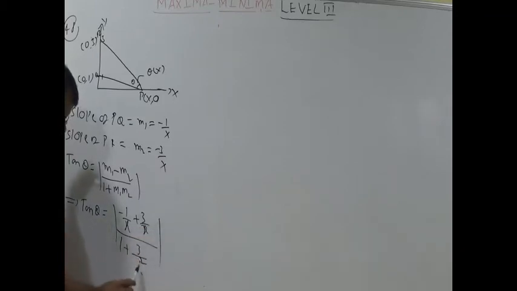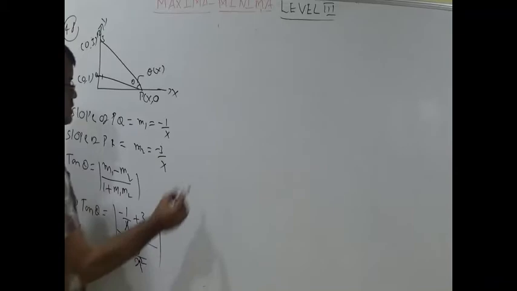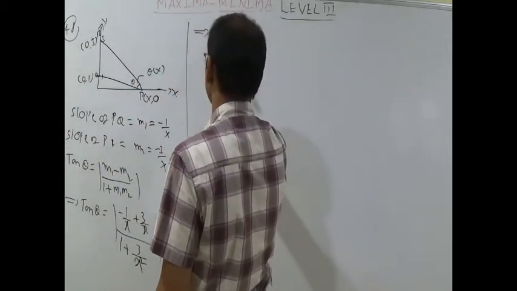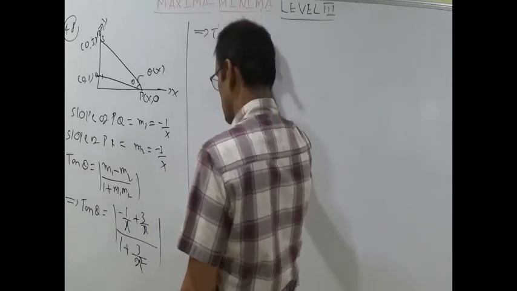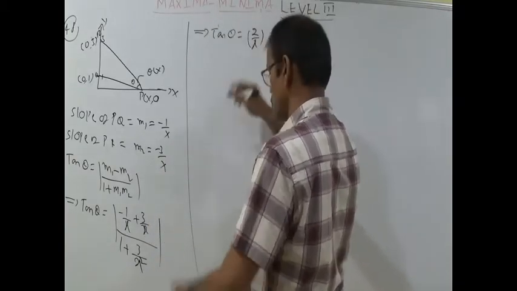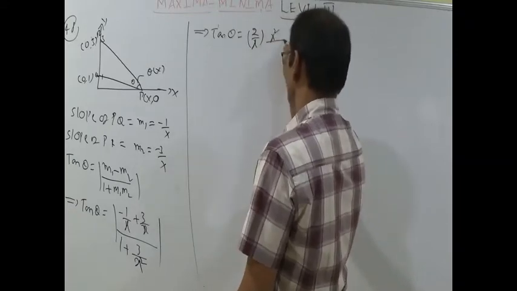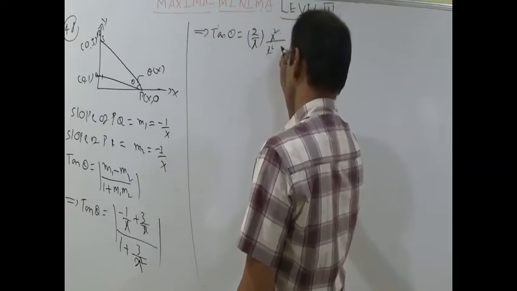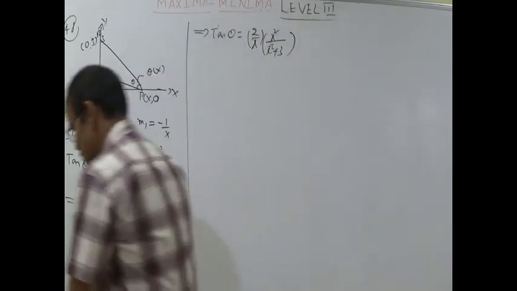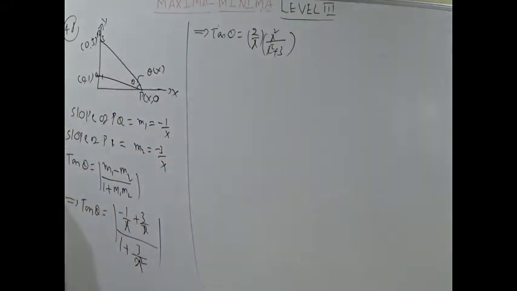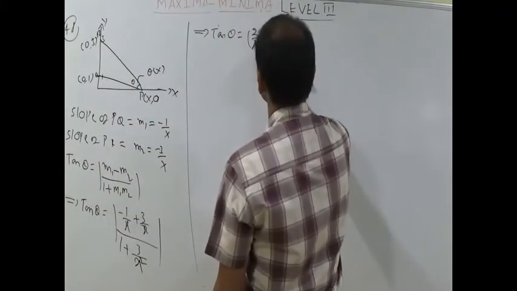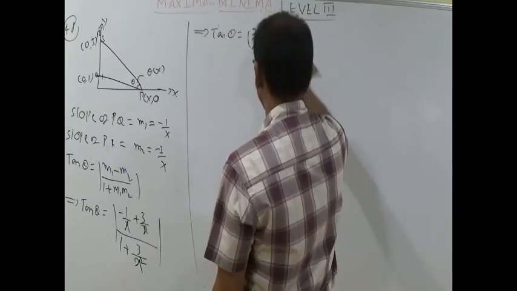That implies tan theta is equal to 3 minus 1, here 2 by x, into taking x square in the numerator, x square by x square plus 3. This is 2 by x into x square by x square plus 3.